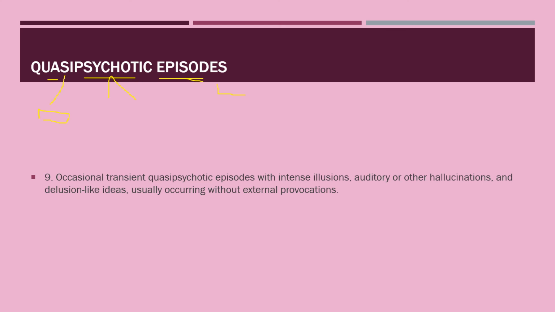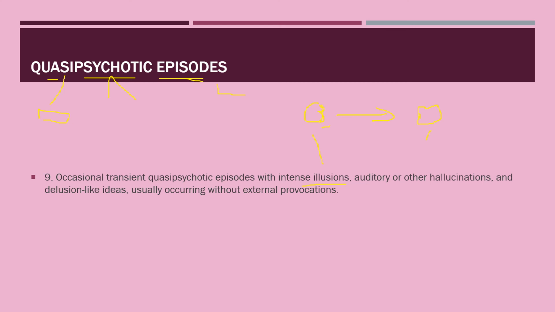Occasional transient quasi-psychotic episodes with intense illusions. Do you remember the illusion? Illusion means there is a real perception there, and you see that real perception as distorted. So this might look like a different shape, either in the size or color or other thing, or you might even think a rope is a snake or something.